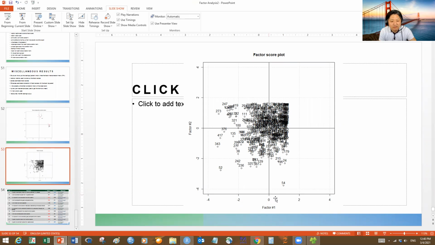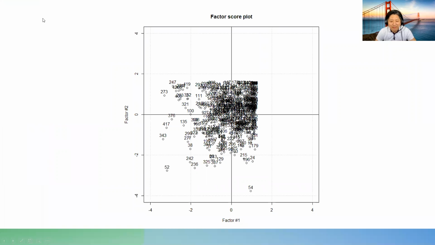So he has maybe a moderate level of factor 1, but a very low level of factor 2, right? Questions? Is it clear? No question?